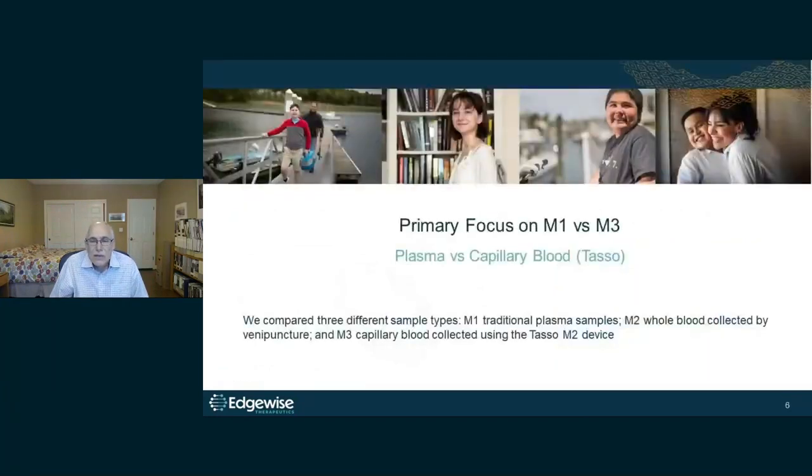So as I said, the primary focus for us was comparing traditional plasma collection to this capillary blood collection. Although, as I alluded to, we're also comparing plasma to whole blood using venipuncture, and whole blood venipuncture to capillary device. So there's 3 different types of samples.